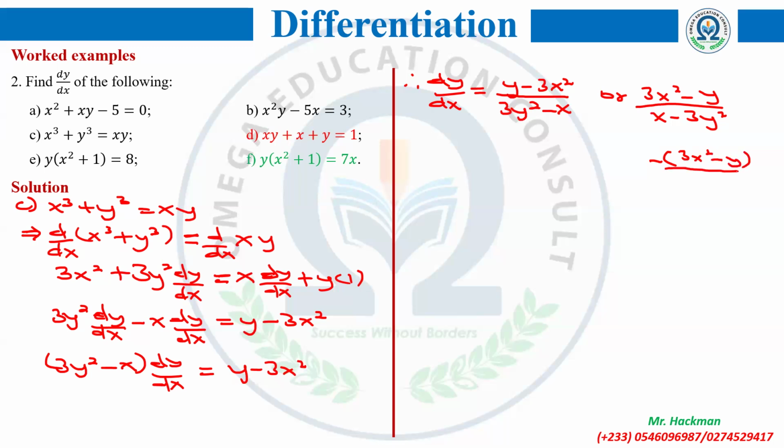All over, if I factor out negative in the denominator, this becomes positive, this becomes negative, so I write that one first, then minus 3y squared. You know that this negative will cancel, so you end up getting what we have here. Point well made, my professors. Yes, please. So these two are the same expression, only that we've written it in a different form, the meaning is the same.